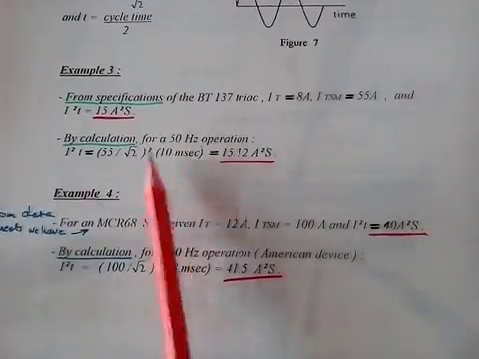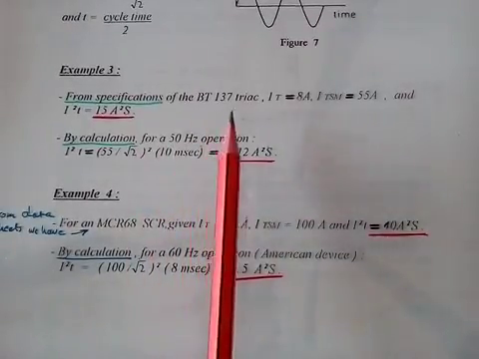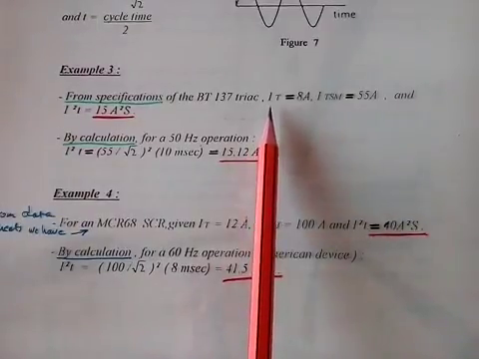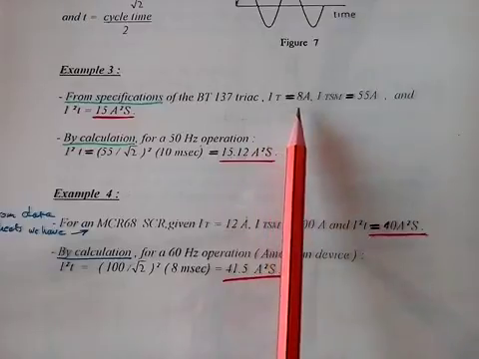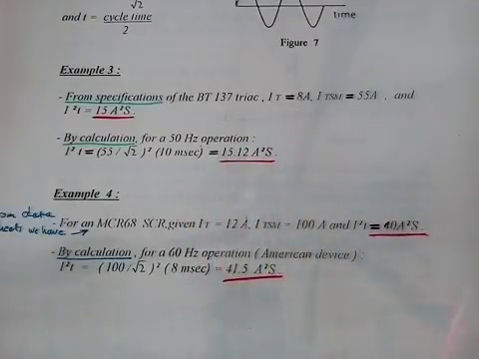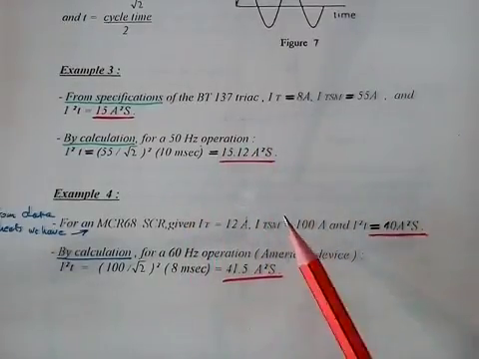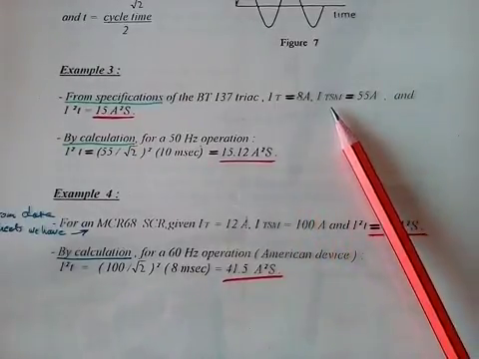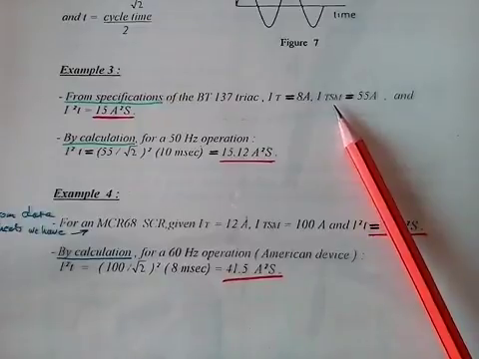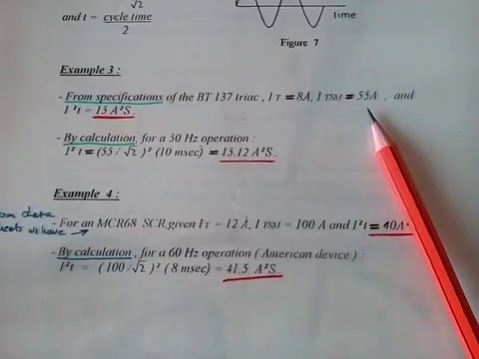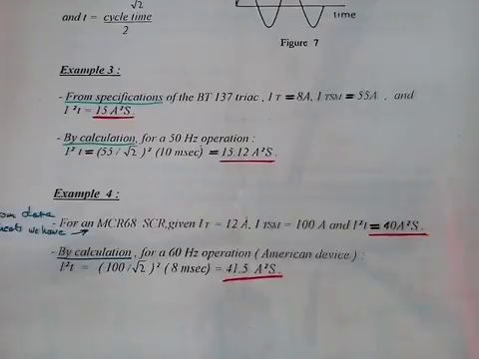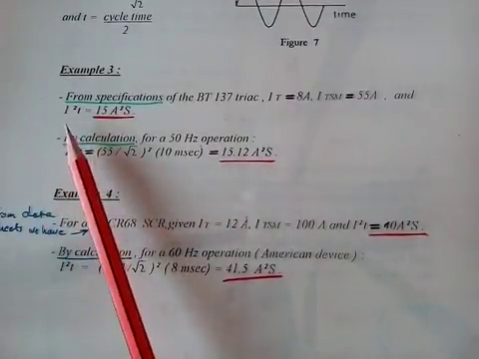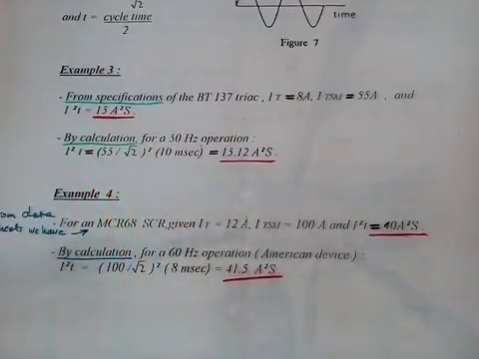From the specifications of the BT137 TRIAC, the IT, that's the continuous current, equals 8 amps. That's of course in RMS, and it's continuous. The surge current, ITSM, equals 55 amps. And from the same literature, they give the I2t to be 15 amps squared second.